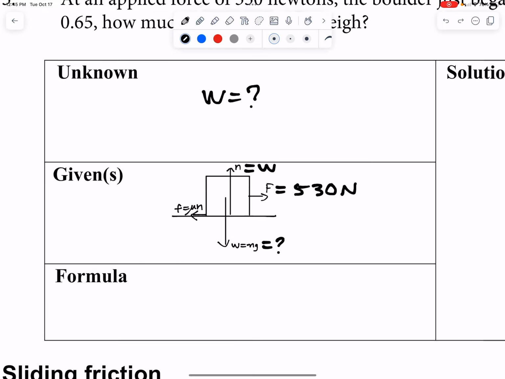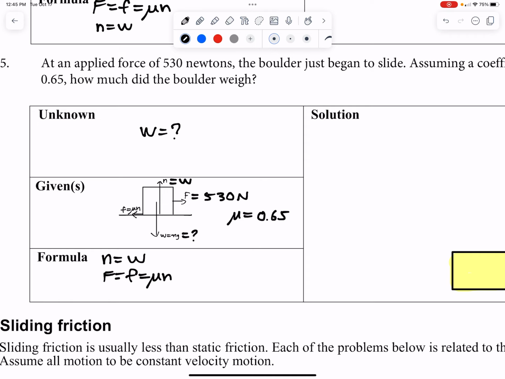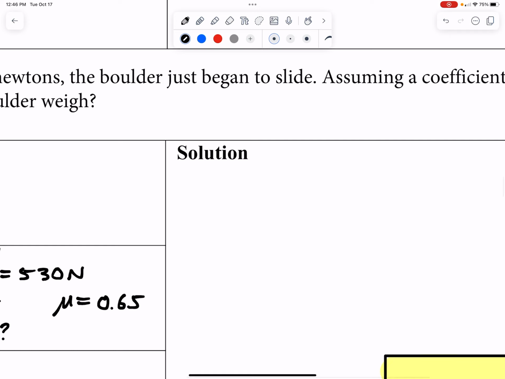So again, we need normal force as weight, and we also need the fact that friction is the same as the applied force, and that's going to be equal to mu times the normal force. So my thinking is figure out what the normal force is, and the normal force balances the weight. You'll be able to figure out the weight. So friction equals mu times normal force. Solve for normal force. We have to divide both sides by mu.